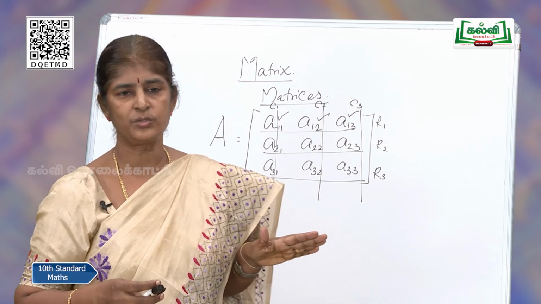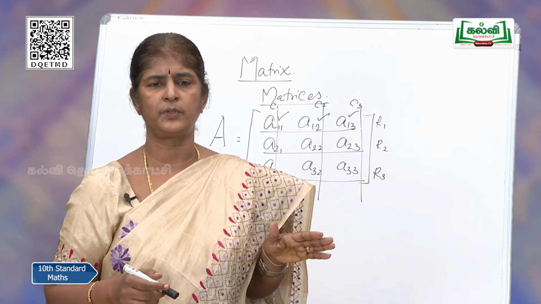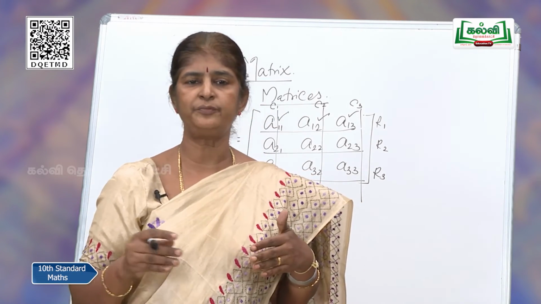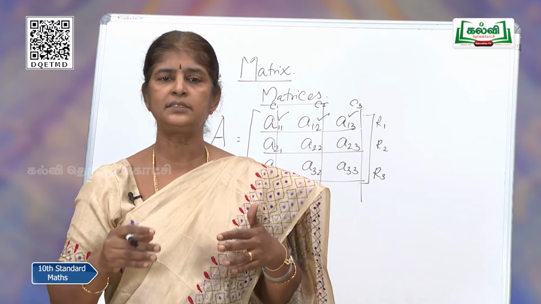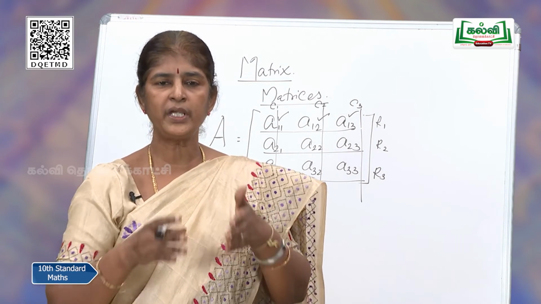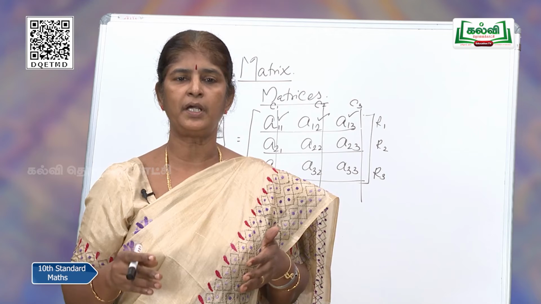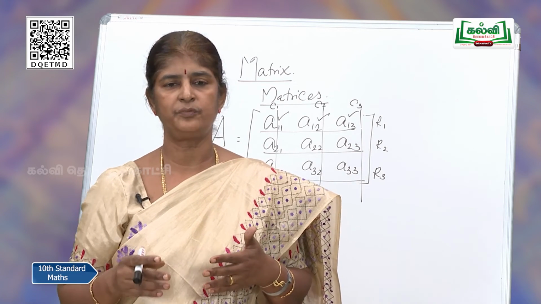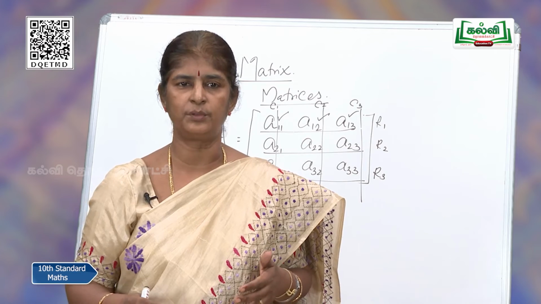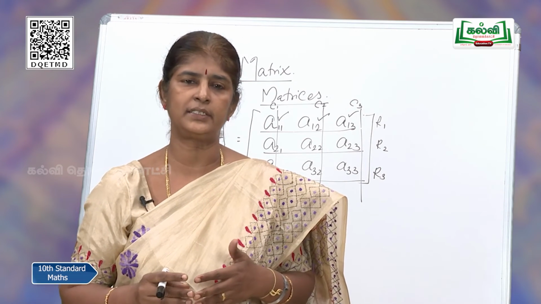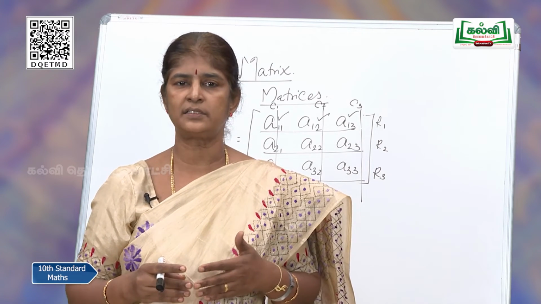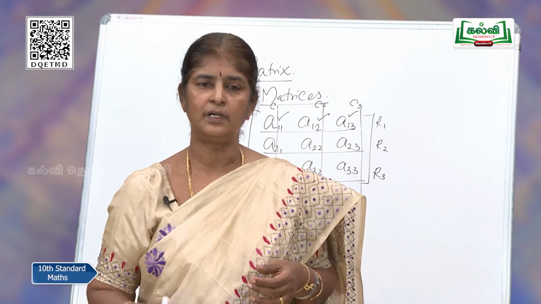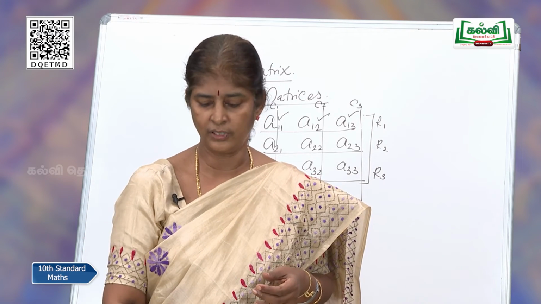The example given is 8, 4, minus 1, that is the first row, and 1 by 2, 5, 4, that is the second row, and 9, 0, 1, that is the third row. So we have 3 columns: 8, 1 by 2, 9, then 4, 5, 0, and minus 1, 4, 1. This is the definition of a matrix.